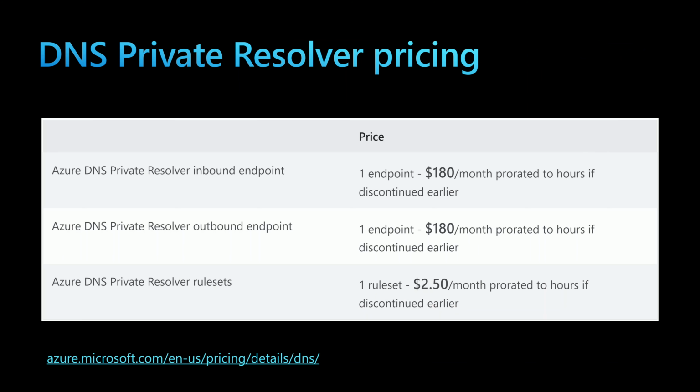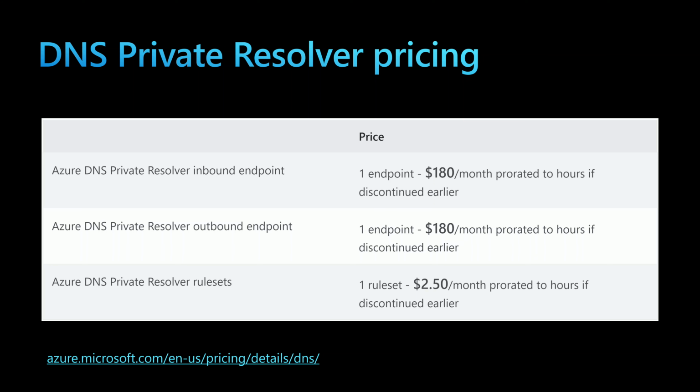In terms of pricing, the Azure DNS Private Resolver does not depend on the DNS Private Resolver instance itself, but it will depend on the components of the private DNS resolver, which are here the private resolver inbound endpoint and the outbound endpoint, and also the resolver rules. The inbound and outbound endpoints will each cost $180 per month, and the rule set will cost $2.5.